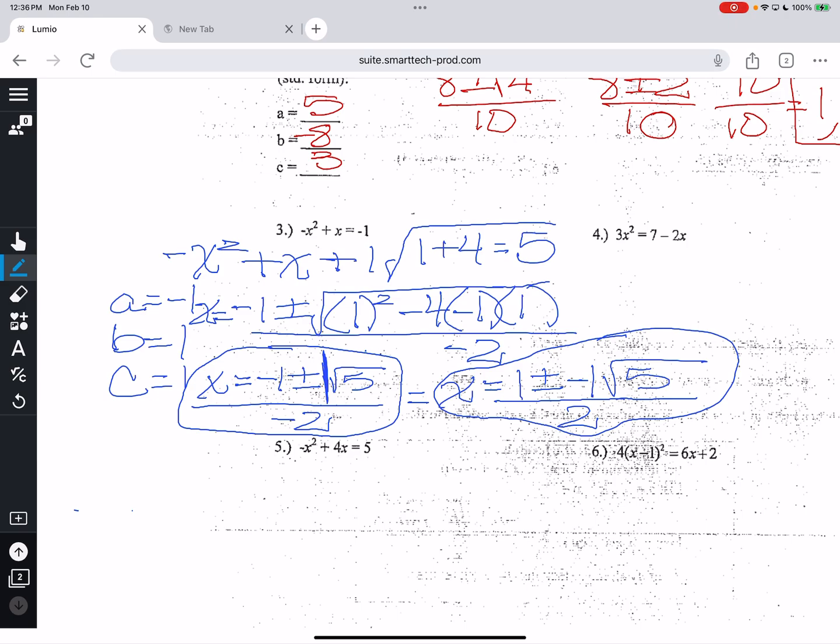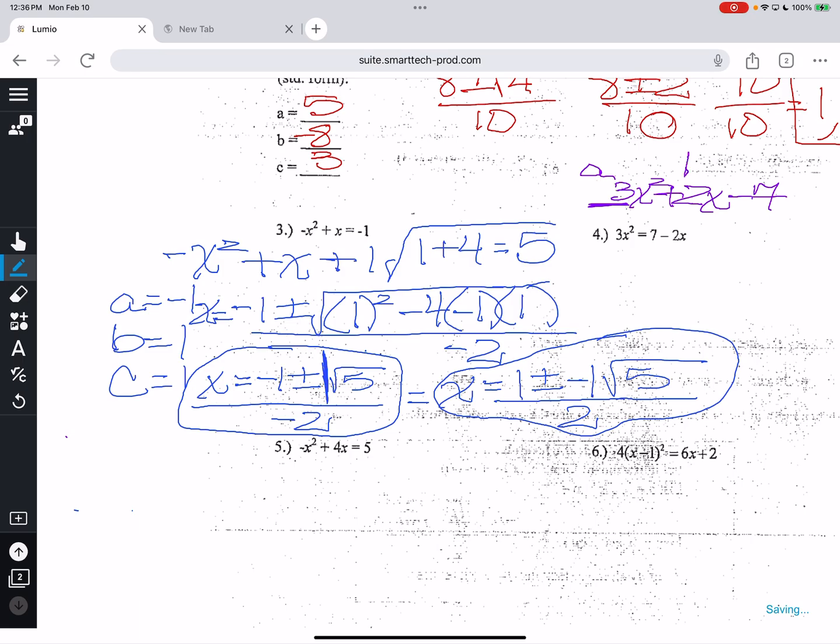All right, number 4. Other than setting it up, let's see what you do. So our standard form is going to be what? 3x squared plus 2x minus 7. What's A? A is your 3.